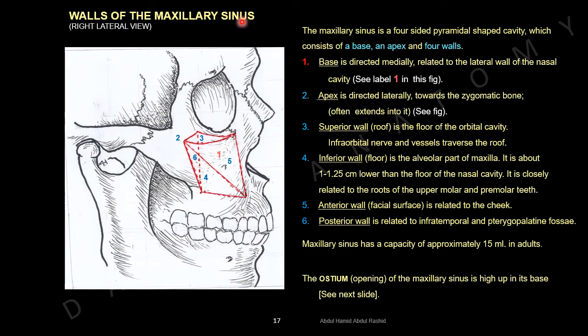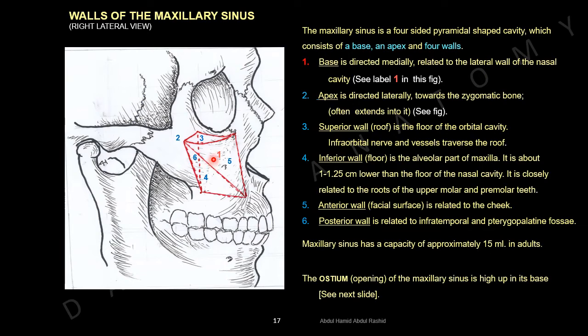Walls of the maxillary sinus. The maxillary sinus is a four-sided pyramidal-shaped cavity which consists of a base, an apex, and four walls. Very first one is the base, red color number 1. Look here in this diagram.